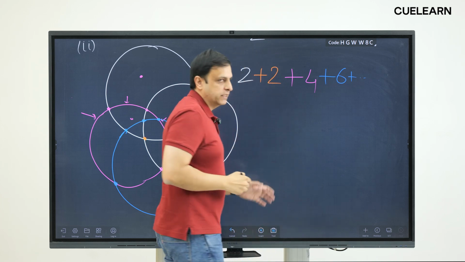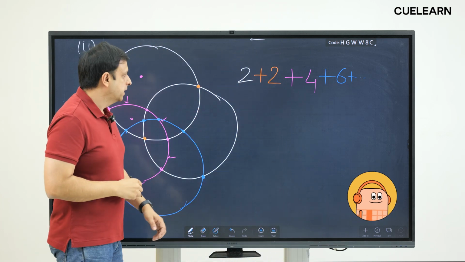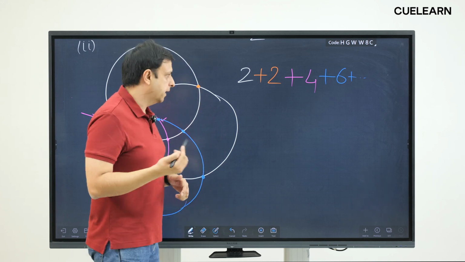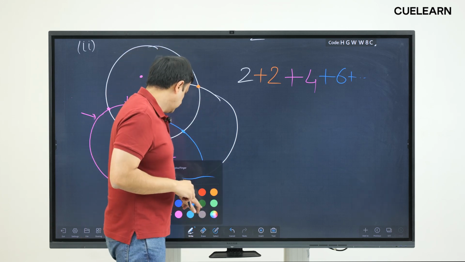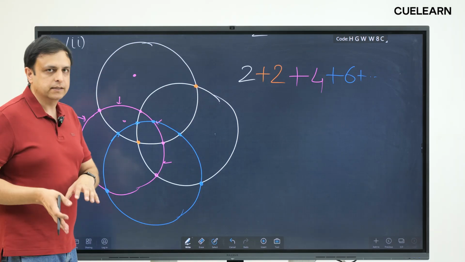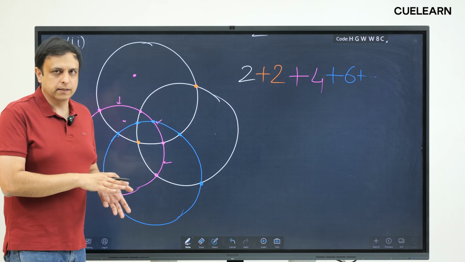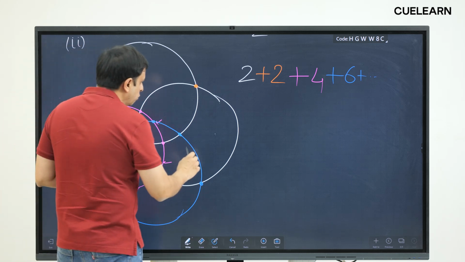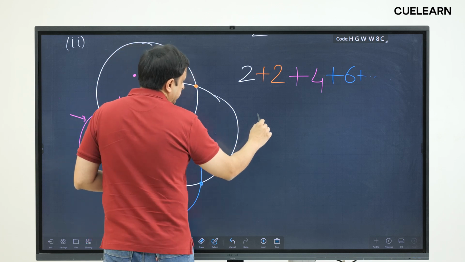And you can now see that we have found out our series for the increase in the number of regions, and we just have to sum this to get our answer. So the nth circle will intersect the previous n minus 1 circles, and therefore the nth circle will have 2 times n minus 1 points of intersection.